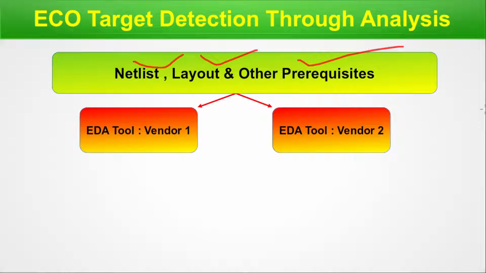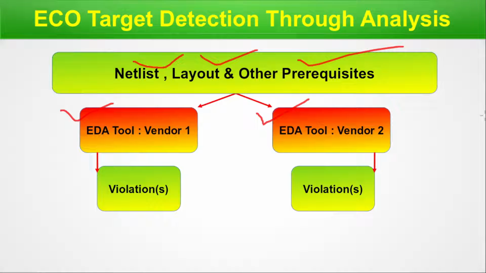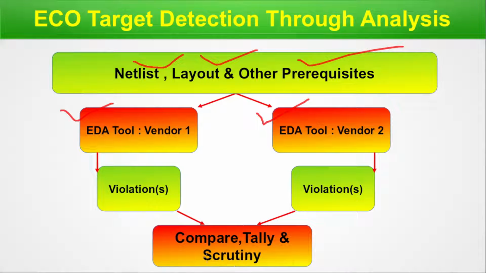Okay, we are using an IR drop tool, right, which has an inbuilt ECO, and we take it as a vendor 1 tool. And we take a similar kind of IR drop analysis tool from vendor 2, which may have an ECO inbuilt or not. However, we have to be over sanguine about the violations coming from the first tool and the second tool. When all these violations are there side by side from tool 1 and tool 2, we do the compare, tally, and scrutiny of all the violations.